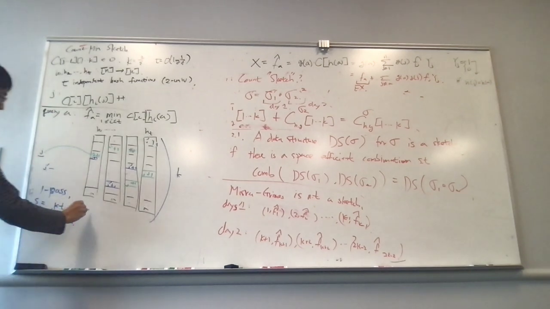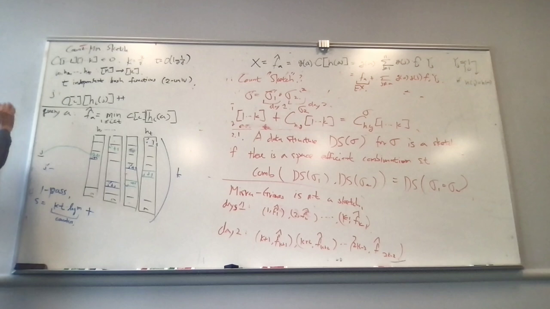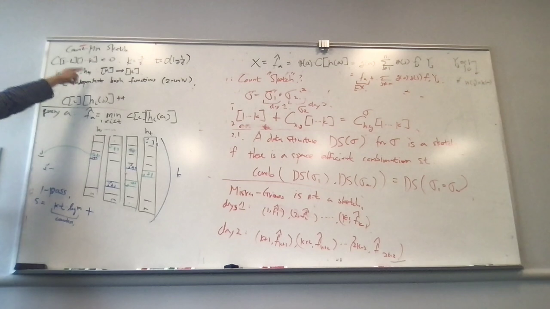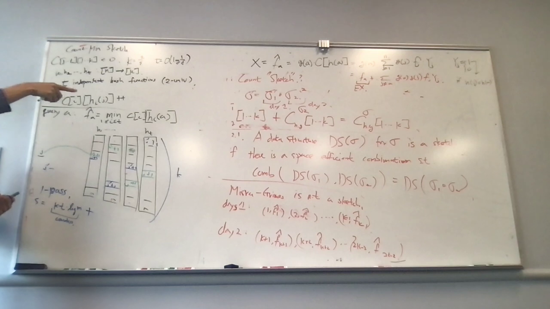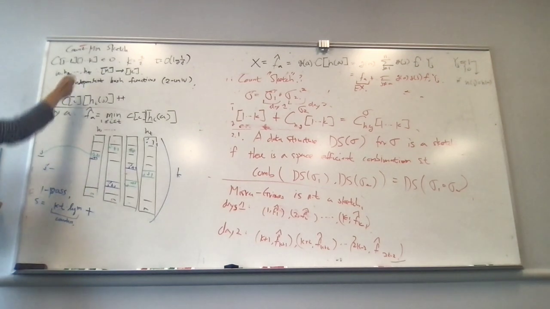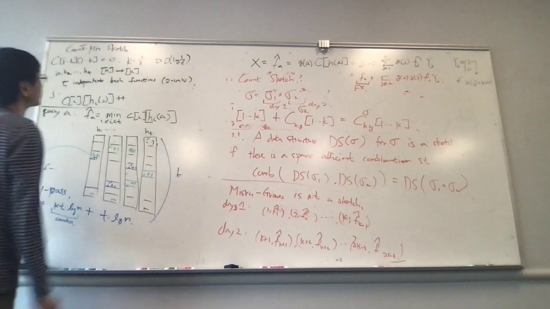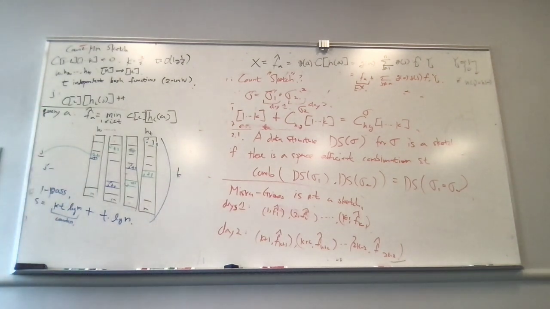And then what about the hash functions? Recall that if the universe size is n, to get a two-universal hash family function you need log n, log of the universe size, bits. So you have t functions, so it'll be t times log n. That's it.